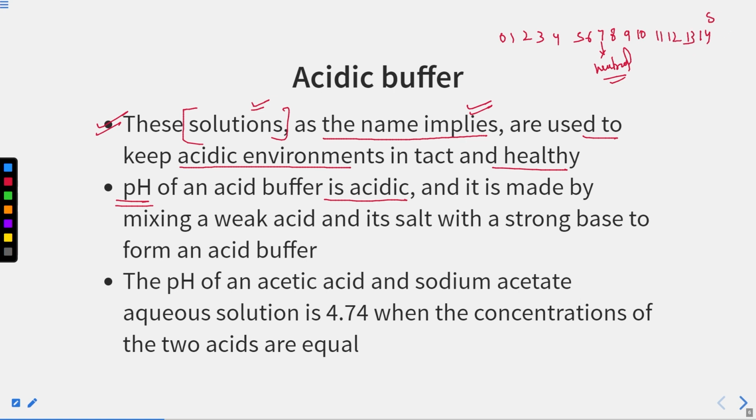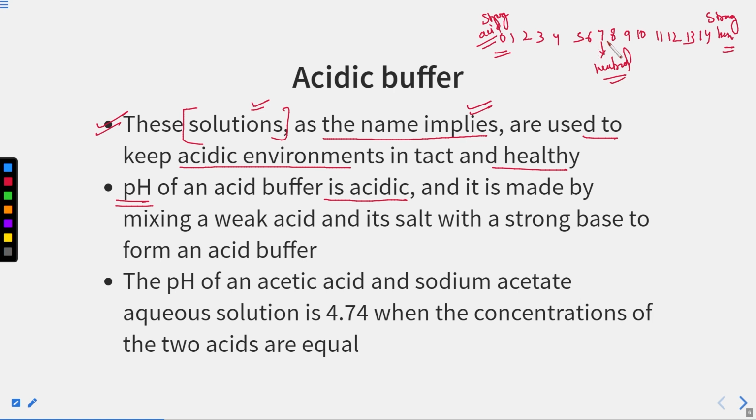So this side is a strong base, and this side is a strong acid. A lower magnitude shows a strong acid, and a higher magnitude shows a strong base.